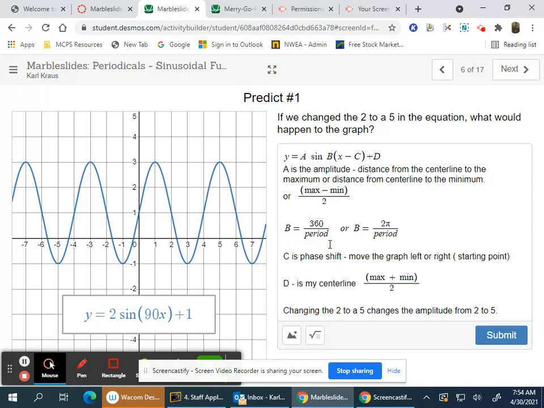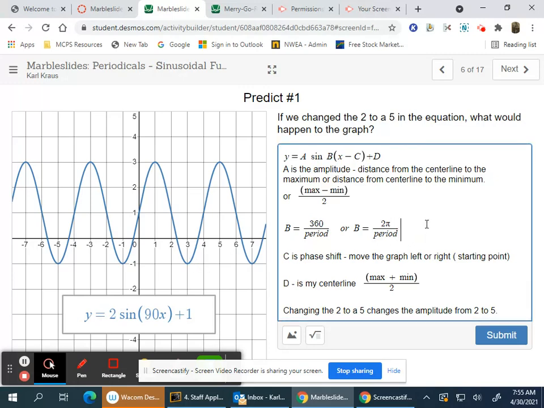And then my B value is represented by, and this is in degree mode here, 360 divided by the period. And how do we get the period? The period is from max to max, or from min to min.